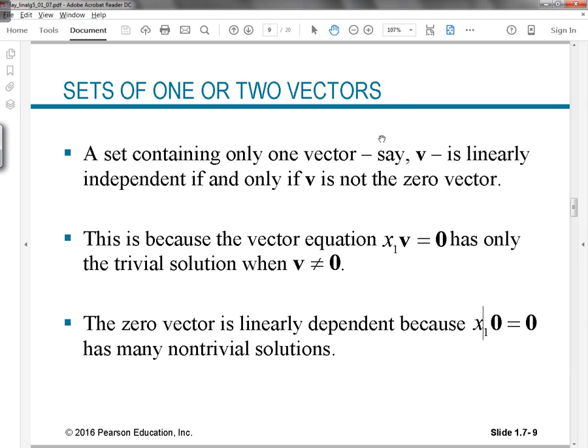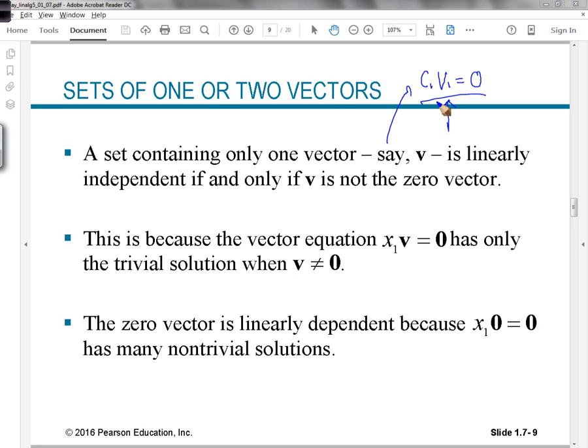If we only have one vector, the definition of linear independence or dependence is still the same. So this is our vector equation. We have to find a non-trivial solution for this equation to say this is linearly dependent, right?